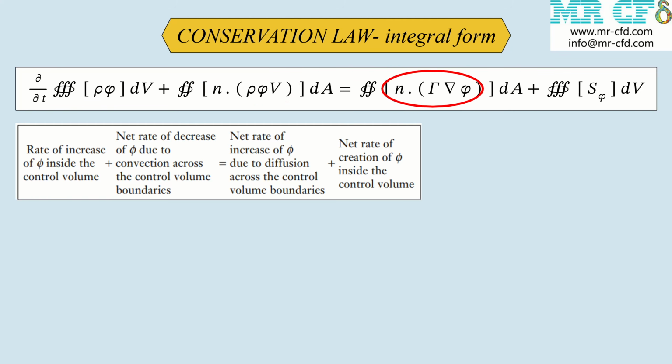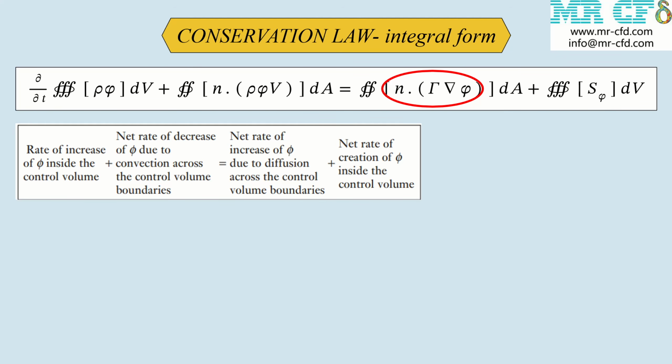A diffusive flux is positive in the direction of a negative gradient of the fluid property phi. In other words, along the direction of minus gradient phi. For example, heat is conducted in the direction of negative temperature gradients. Thus, the product n · (−Γ∇φ) is the component of diffusion flux along the outward normal vector, so out of the fluid element.